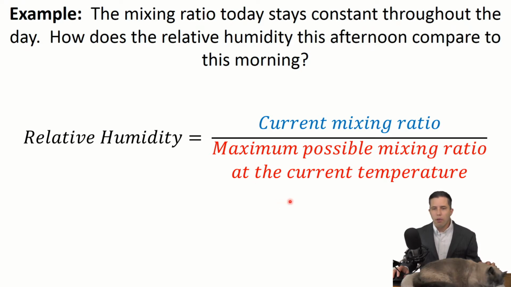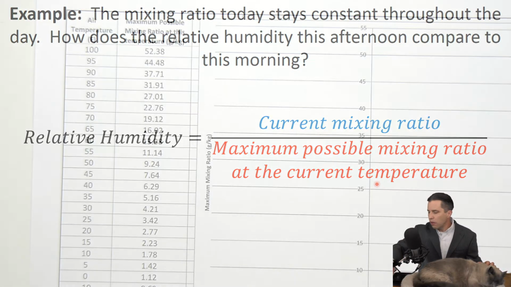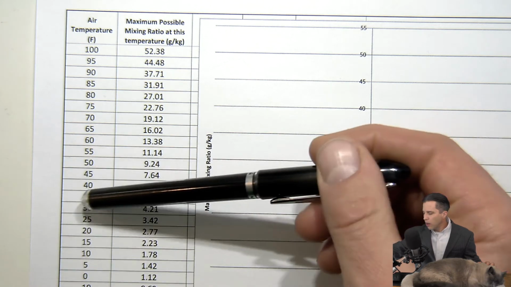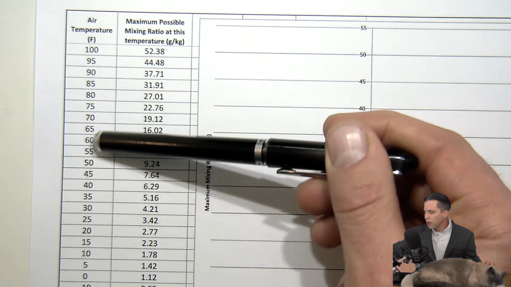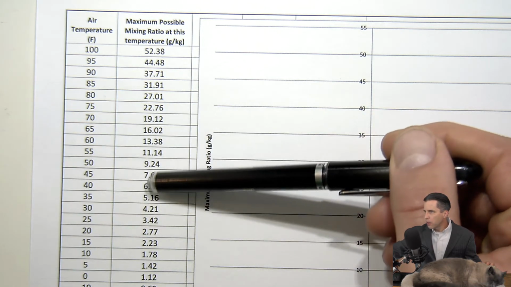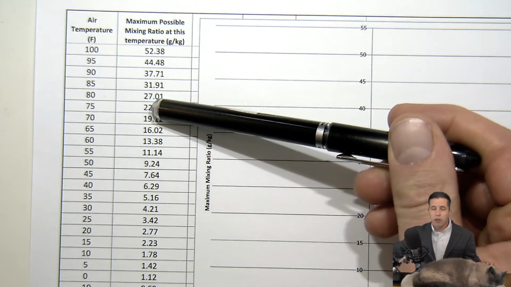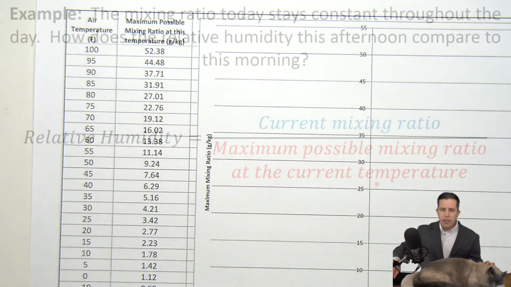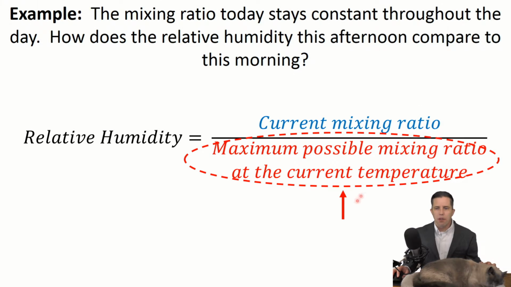The bottom, though, maximum possible mixing ratio at the current temperature, the temperature itself is going to change. And so from the chart, we know that if we increase the temperatures throughout the day, the maximum possible mixing ratios are also going to increase. So that tells us that the bottom of this fraction is going to increase as the day gets warmer.